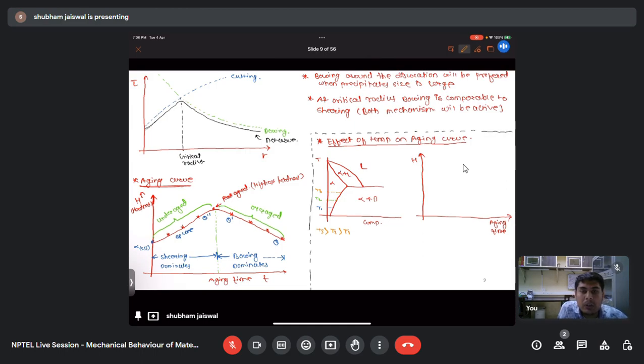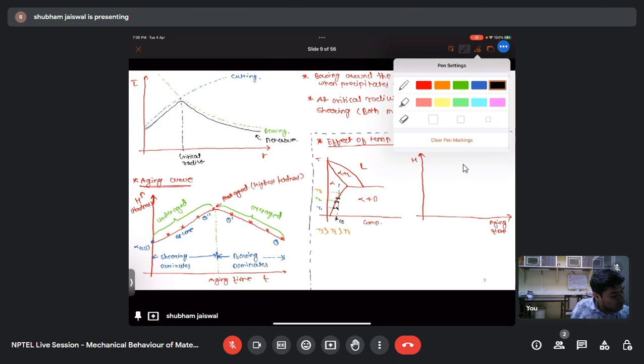As I already mentioned, to form the precipitates earlier, we heat the material, or keep it at some temperature. So here we have two conditions. Take any composition of C naught. As the temperature is increasing, the volume fraction of precipitate is decreasing, which will result in the decrease in the hardness of the material.